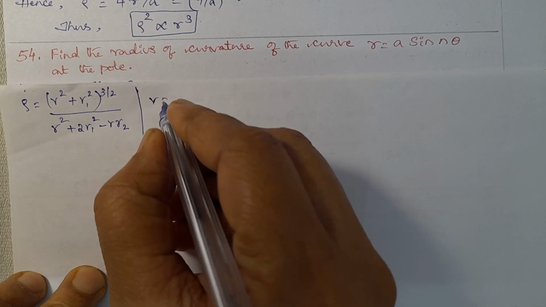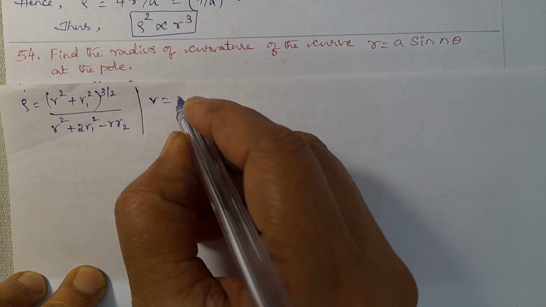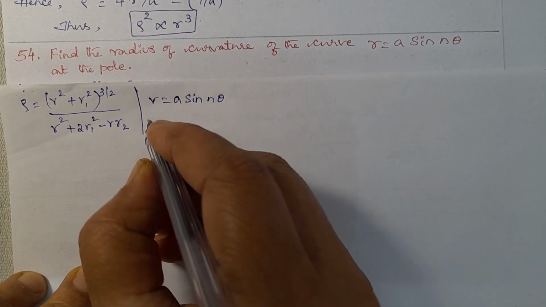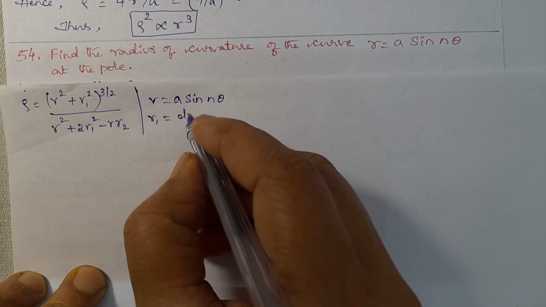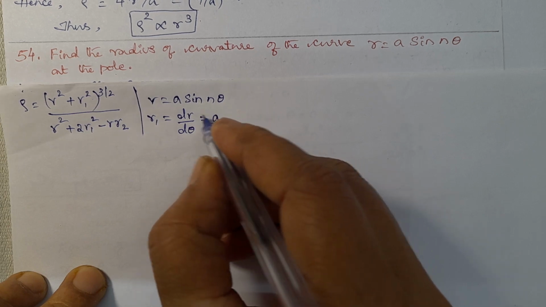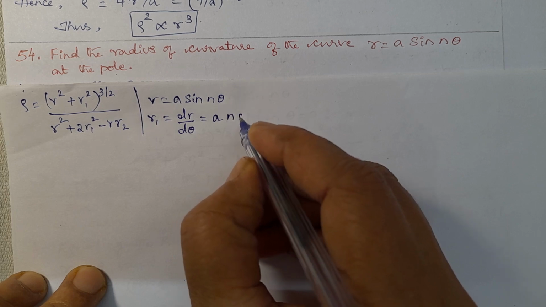Okay, r is given, so curve equation is r equal to a sin n theta. So find out r1 equal to differentiation of r with respect to theta equal to a into differentiation of sin n theta, which is n into cos n theta.